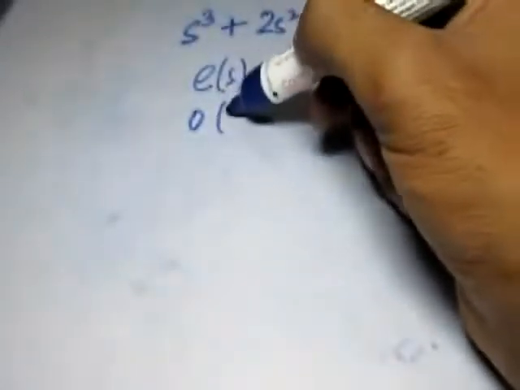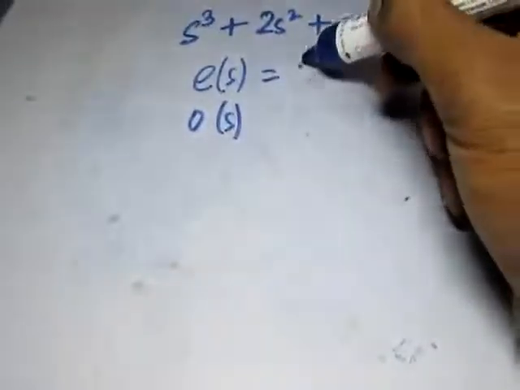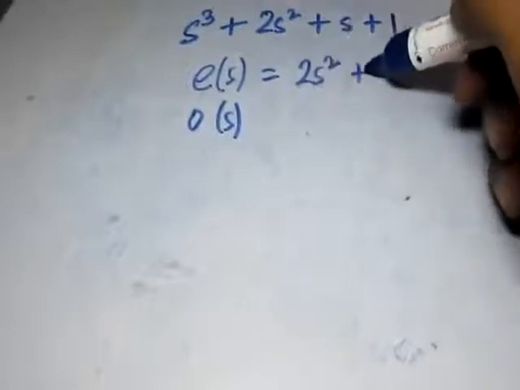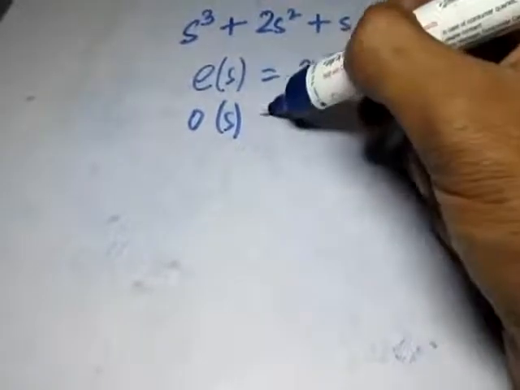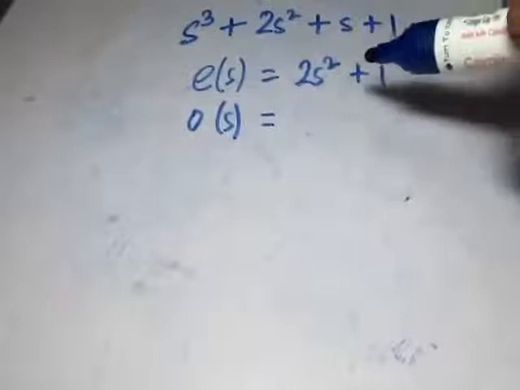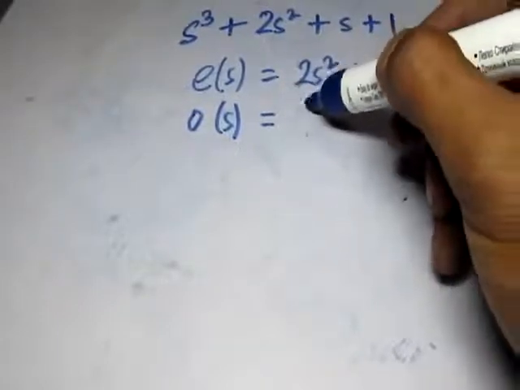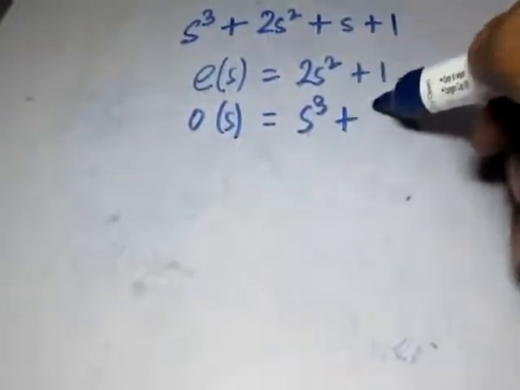In this example, all the powers of s are present. So we divide this into two parts, an even polynomial E(s) and an odd polynomial O(s). E(s) will be 2s square plus 1. The odd part will be s cube plus s.